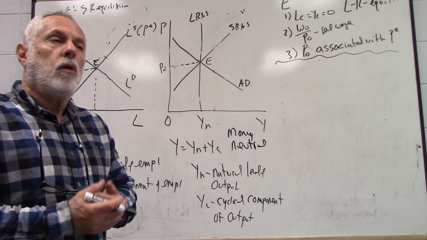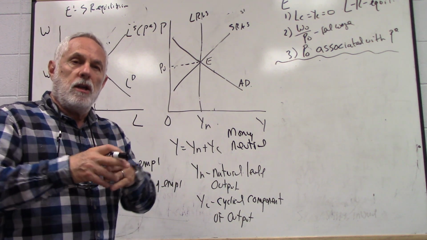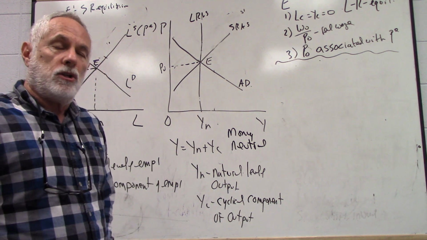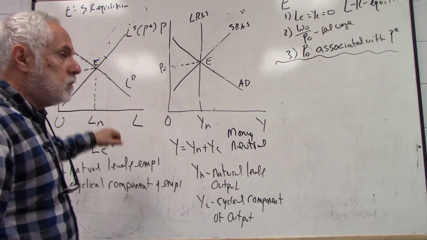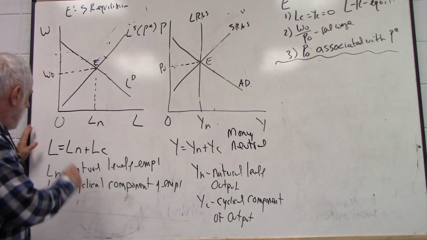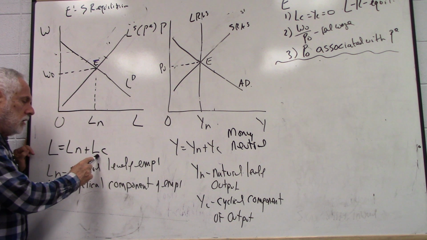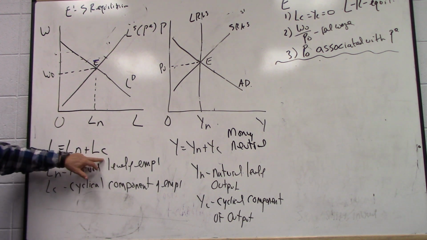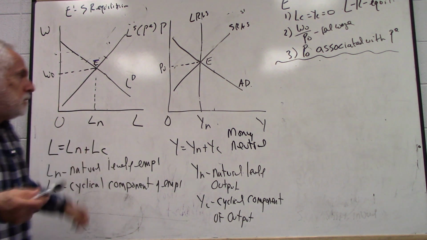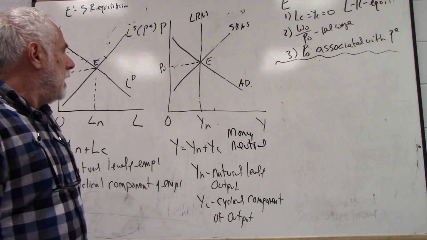Okay? So this is a long-run concept in the sense that we understand that the economy is now at a resting point. I will explain this more later on, and then also employment is going to equal the natural level of employment plus the cyclical component of employment, and that represents all short-run shocks, which we'll be spending a lot more time on in future lectures.